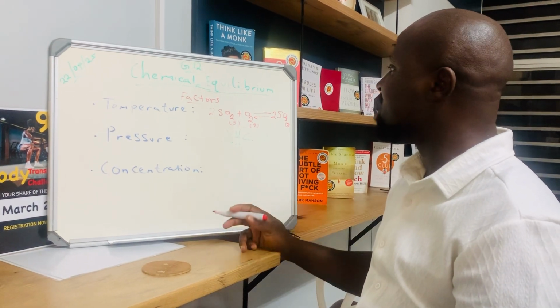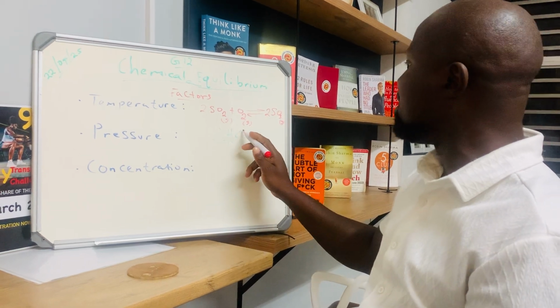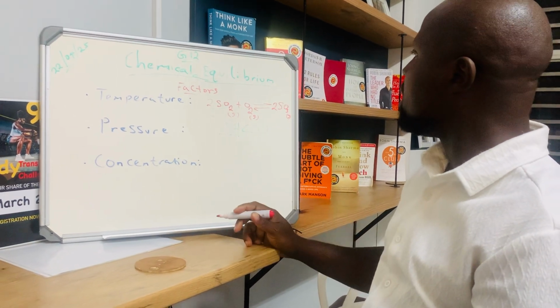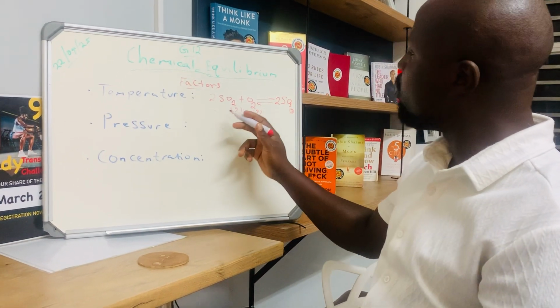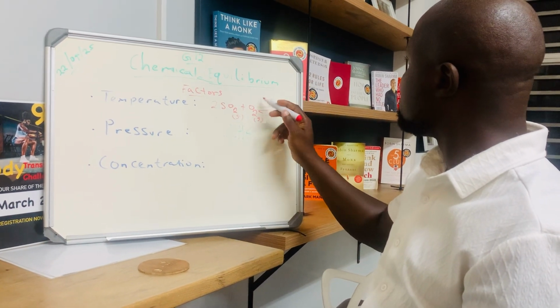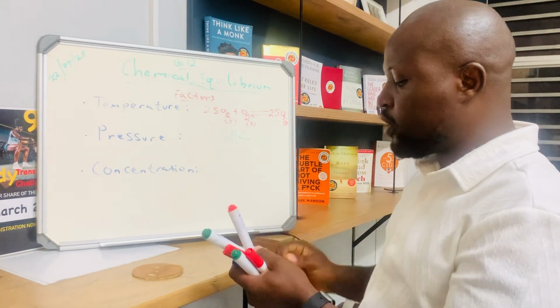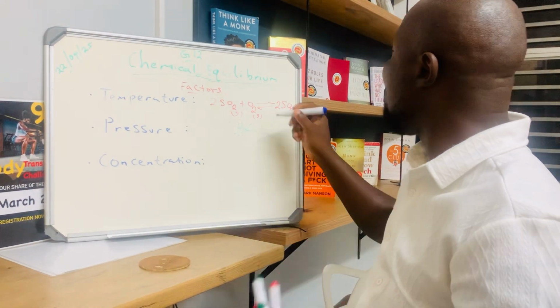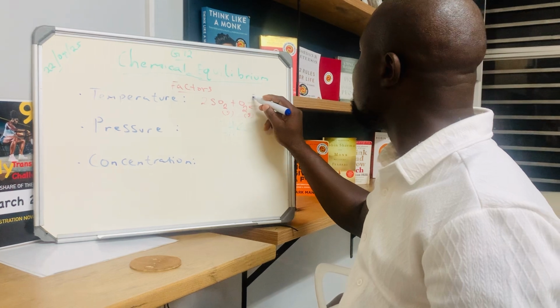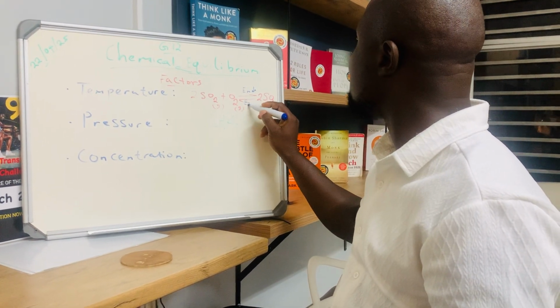If the forward reaction is exothermic, and the sign is in front like this, it means the reverse reaction will be endothermic. So if the forward reaction is endothermic, for sure, the reverse reaction will be exothermic.